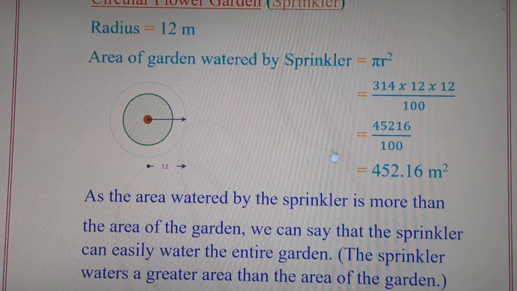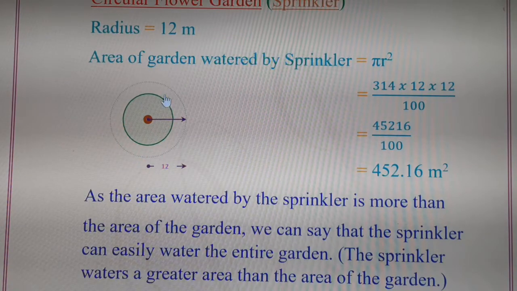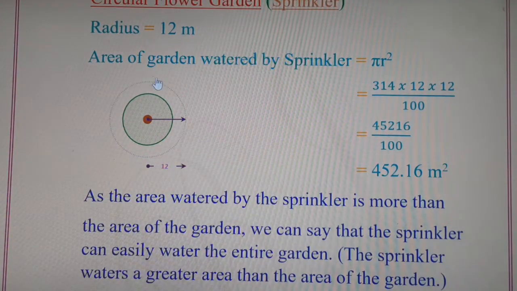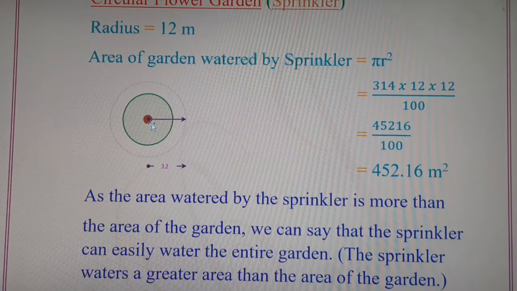So we can say the sprinkler can water a larger area, even further than the garden. Here the dotted line represents that the sprinkler can water even outside the garden up to a certain distance, further than the boundary of the garden.